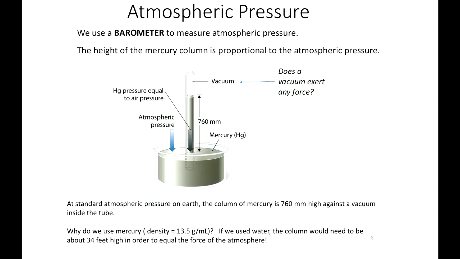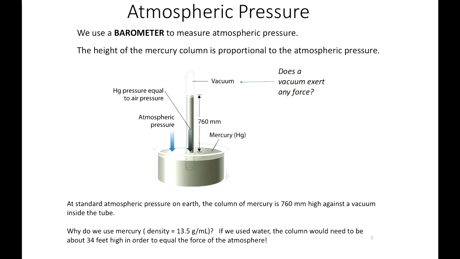So before, how they would measure atmospheric pressure, and where the term millimeter of mercury came from, because that's a weird pressure unit you saw, right? This is where it came from. We have this pool of mercury. We have this inverted tube in it where there's a vacuum inside of the tube. If we think about it, do vacuums exert any pressure? Are there any particles inside that vacuum? No, there's not.